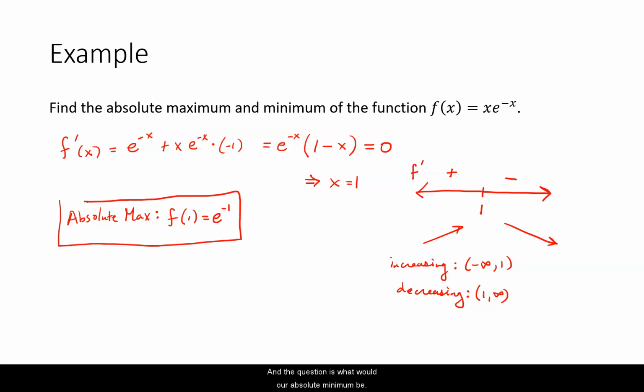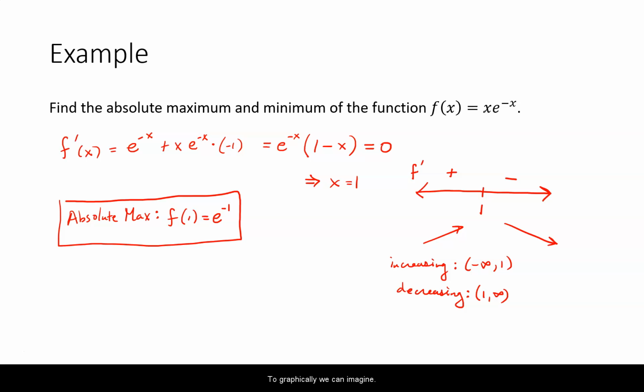And the question is, what would our absolute minimum be? Well, in this case, it appears that we've got a function which is going to be negative when x is negative.